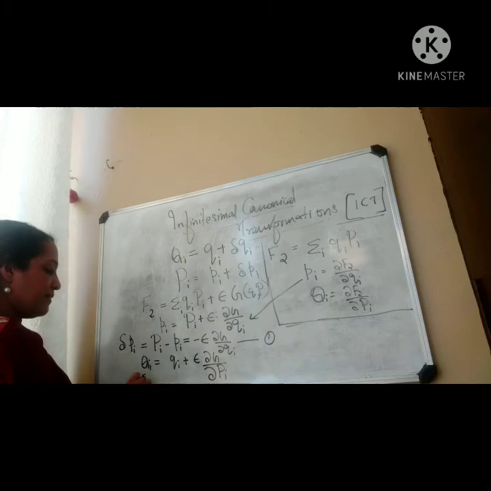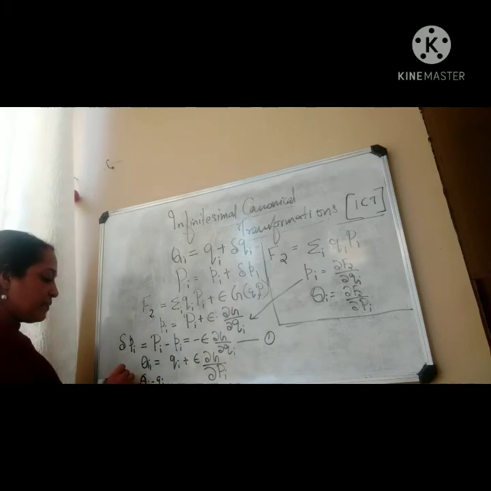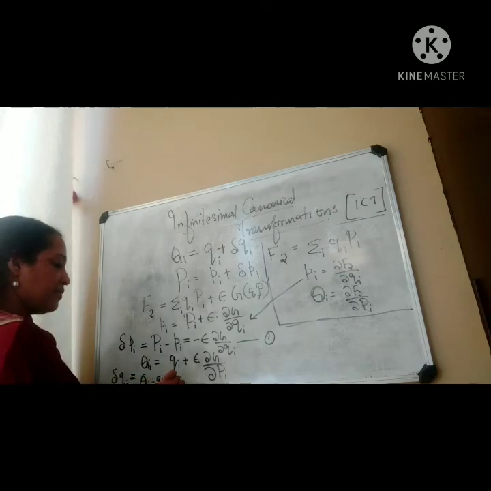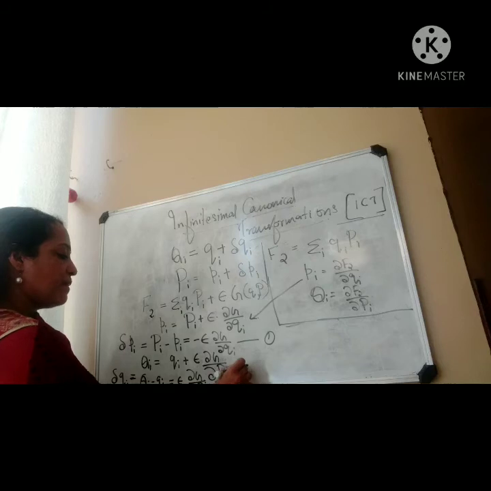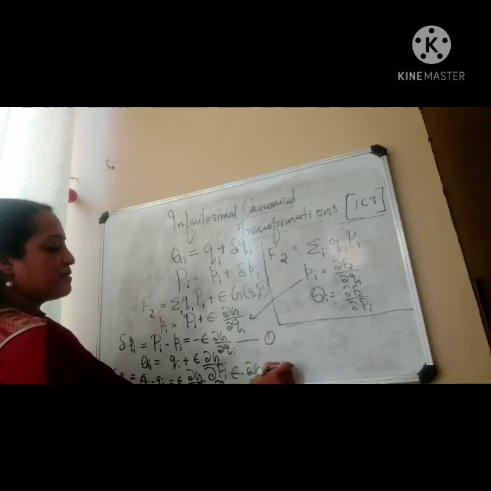Or Qi minus qi, this is actually delta qi. Delta qi is equal to epsilon times dou G by dou Pi, and we can write this as epsilon into dou G by dou pi, small pi. This is equation number 2.